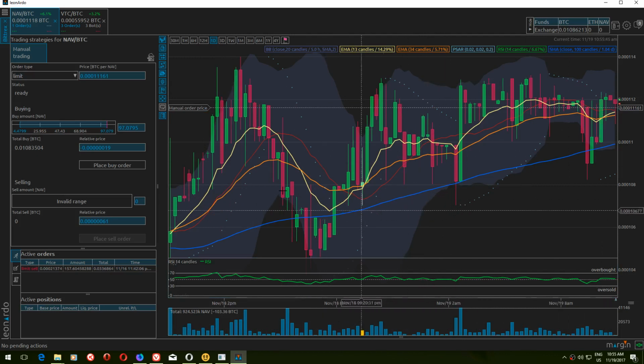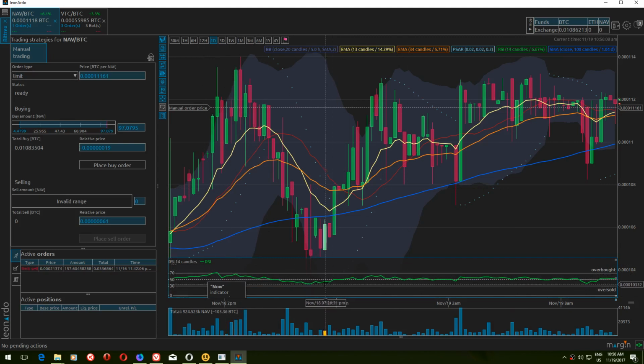Now, the graph is a little bit busy because I have 6 indicators turned on, just to help me strategize and decide on my trades. I have the RSI indicator, which is a good indicator to decide when to buy or to sell. I'm just using the default values.